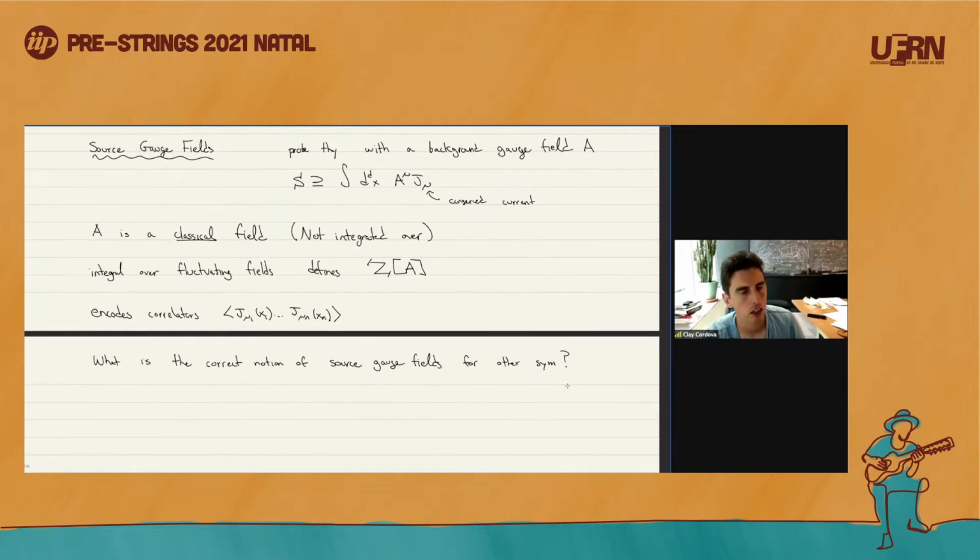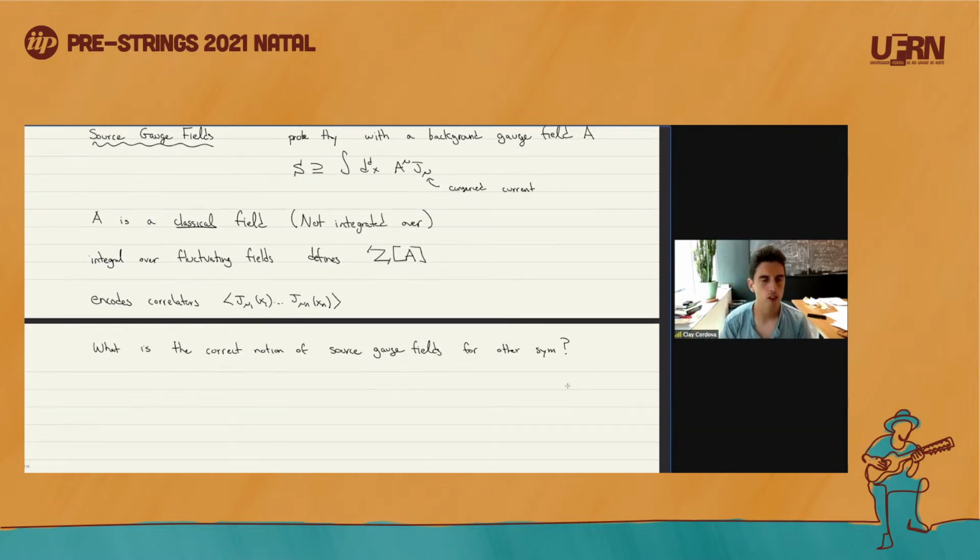There are two generalizations that we need to introduce. The first is that when I wrote this example with A coupling to J, I have in mind, of course, a continuous symmetry. I even wrote it in an abelian notation, so you could have in mind an abelian continuous global symmetry. Of course, we know what we're doing also for non-abelian continuous symmetries. But one thing that perhaps is unfamiliar to you is what should you do with a discrete symmetry?